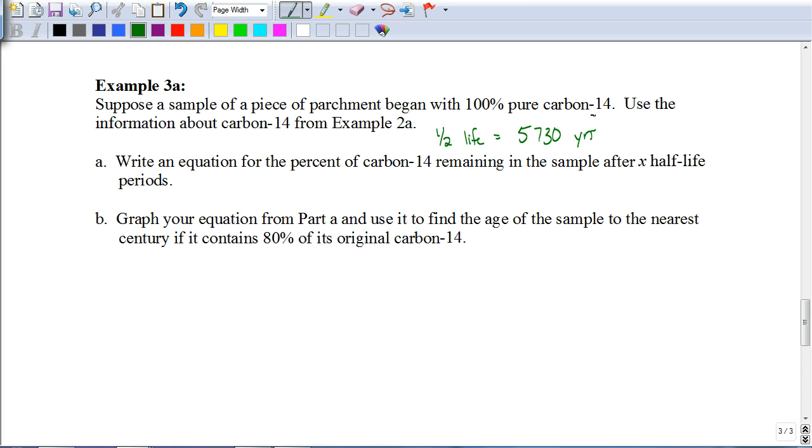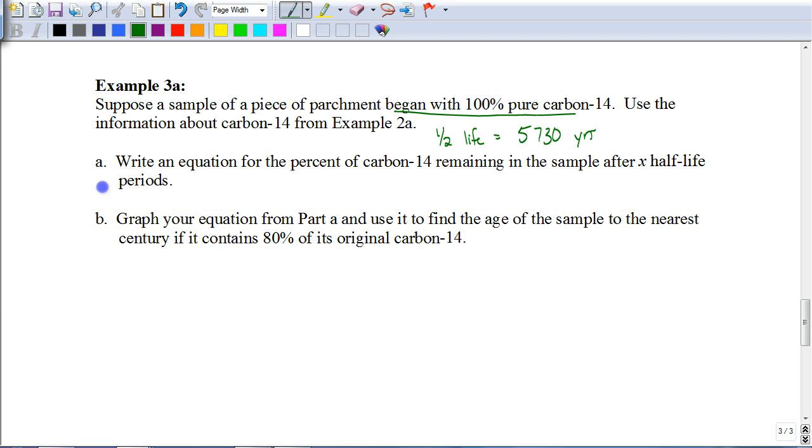It says, write an equation for the percent of carbon-14 remaining in the sample after x half-life periods. Well, for this one, instead of dealing with an amount, because we're just dealing with general terms, we don't have a specific amount here. In the previous example, we had maybe 1,000 grams or 600 grams. That was the original amount. So we're beginning with 100% pure carbon-14.